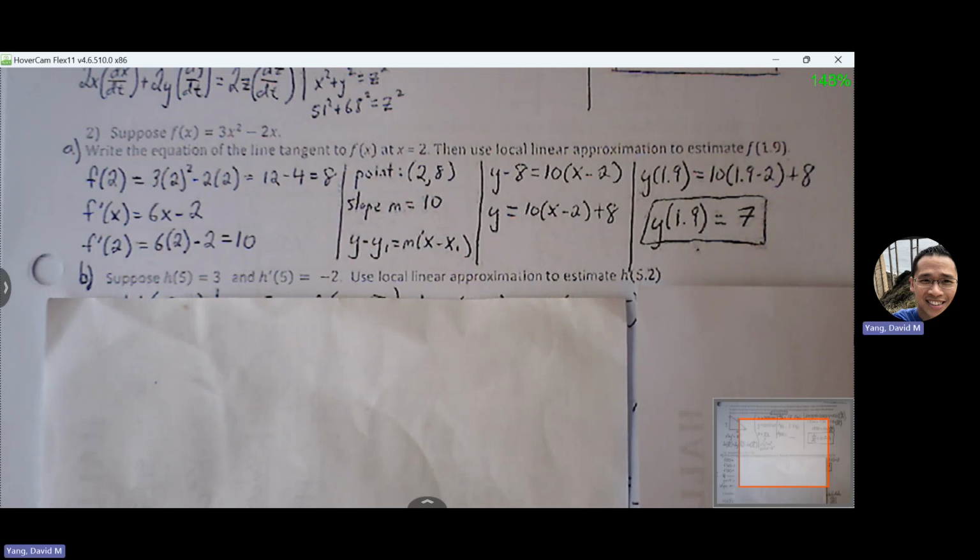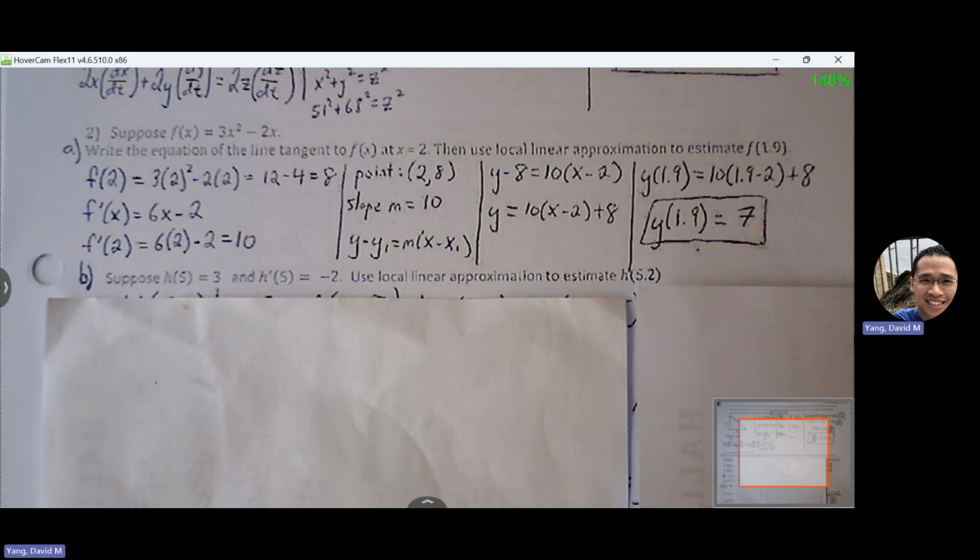Part B should be even easier because the ordered pair and slope are already given to you. You can jump directly into point slope form. Don't have to find the y value or the slope on your own.